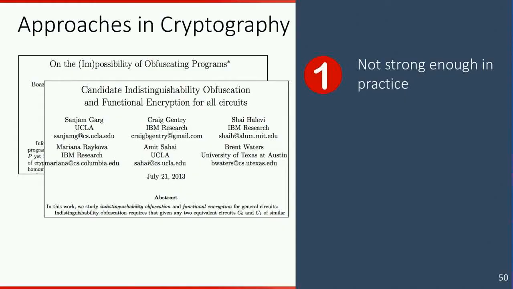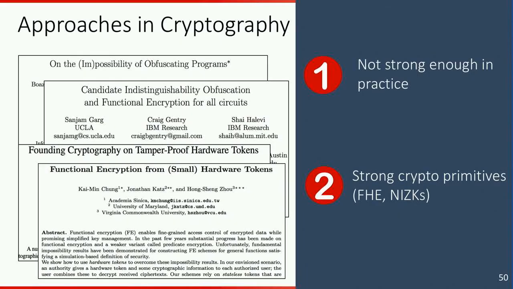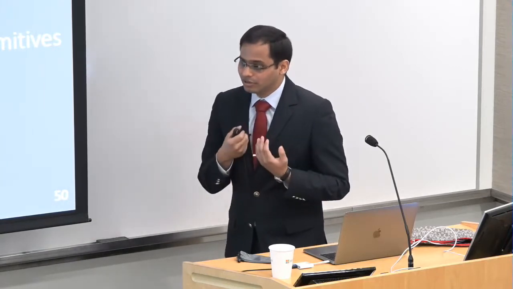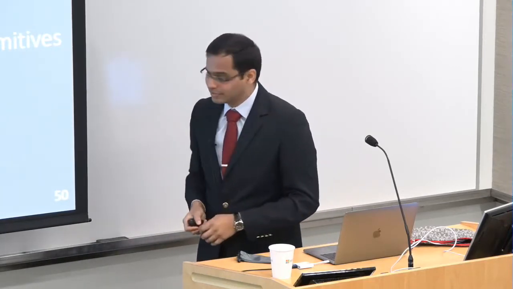For example, they have introduced the notion of indistinguishability obfuscation, which is at this point inefficient and not strong enough in practice. They have introduced the notion of using secure hardware or trusted hardware tokens, but most of these schemes use strong cryptographic primitives such as fully homomorphic encryption or non-interactive zero-knowledge proofs, or they just try to obfuscate Boolean programs instead of RAM programs.